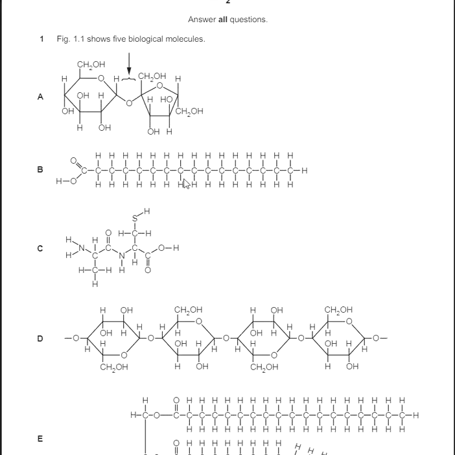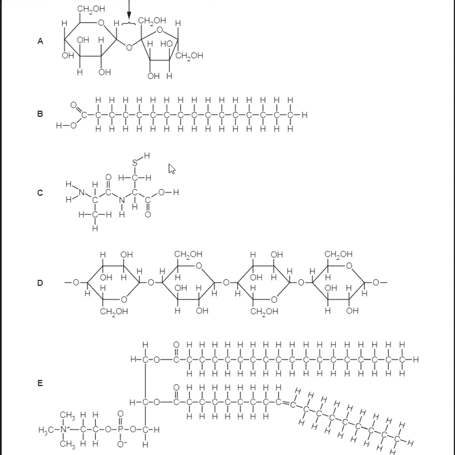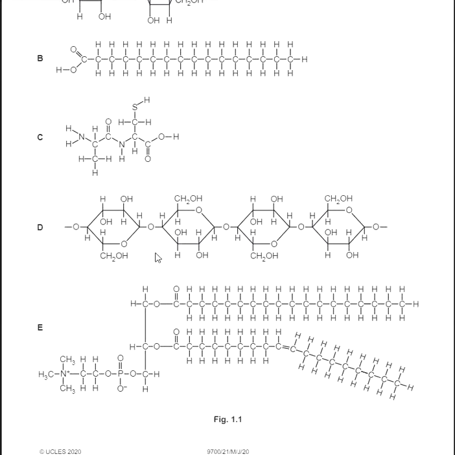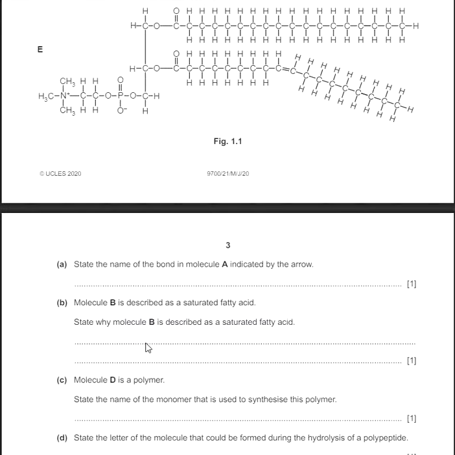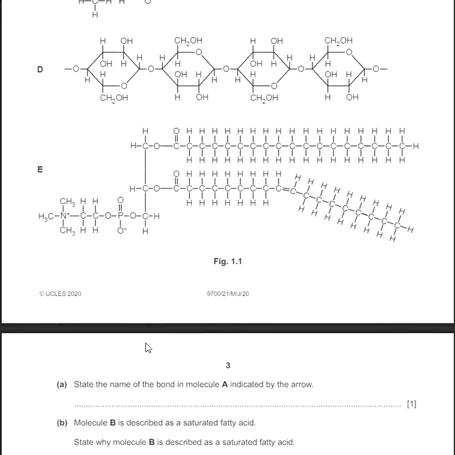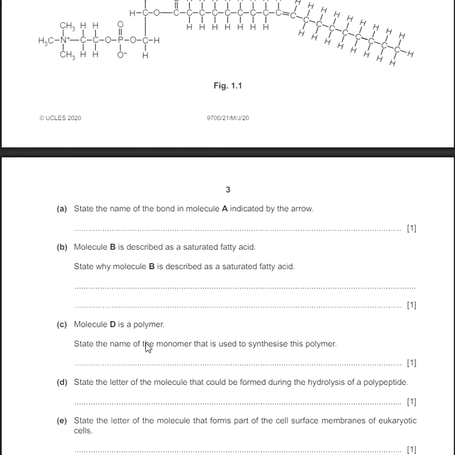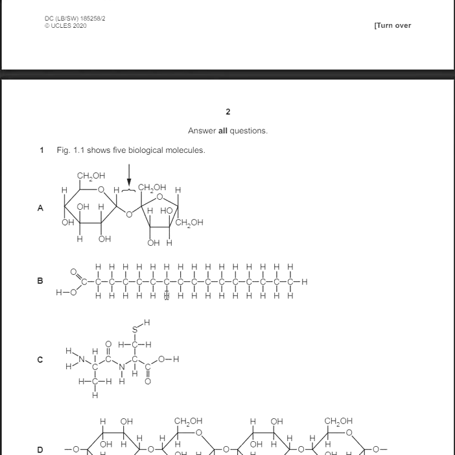We have a fatty acid, dipeptide, part of a polysaccharide, and a kind of phospholipid or something here. First question related to these 5 molecules. State the name of the bond in molecule A indicated by the arrow.